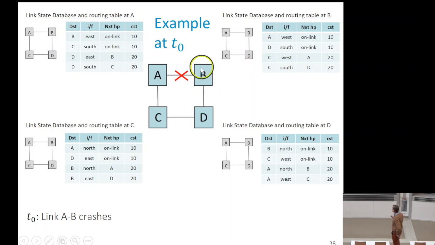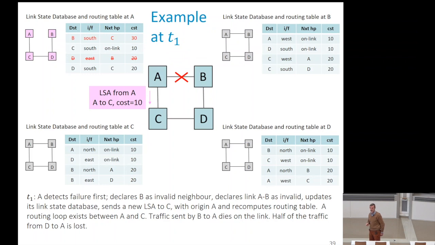Assume the link between A and B dies here. At time t0, it dies, for example, because there's a switch that is providing the local area network and the switch crashed. Then A will detect that at some time. So I'm assuming, in fact, at time t1, A detects the failure. A and B will probably both detect the failure, but things go very fast.